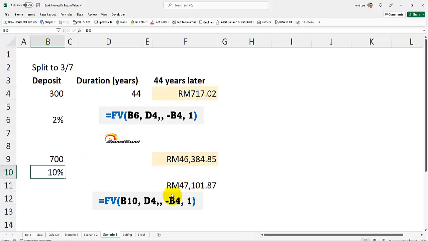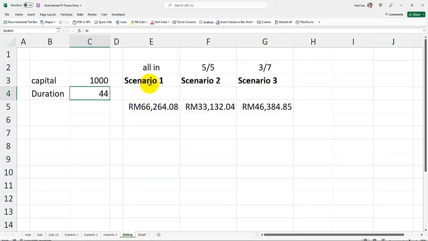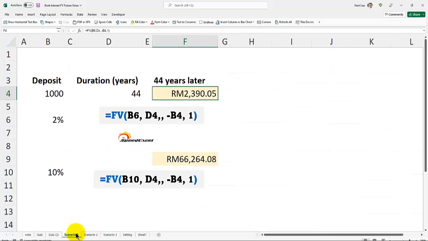So as a summary of all these three strategies, the difference is that, if you put it all in one place, it's 66,000.